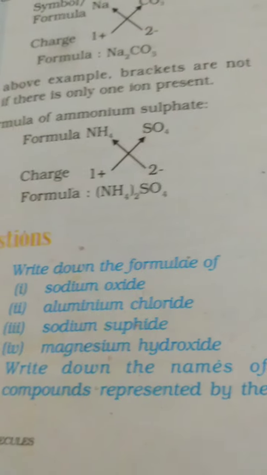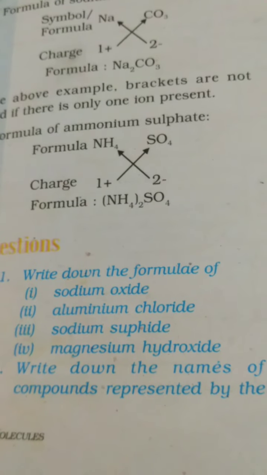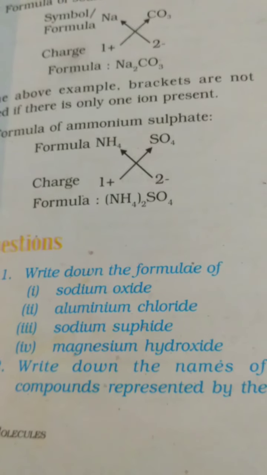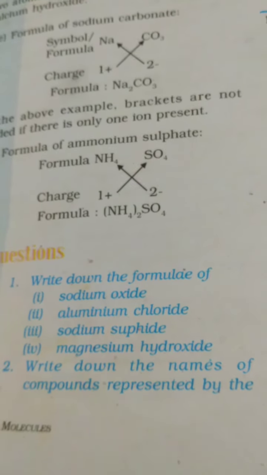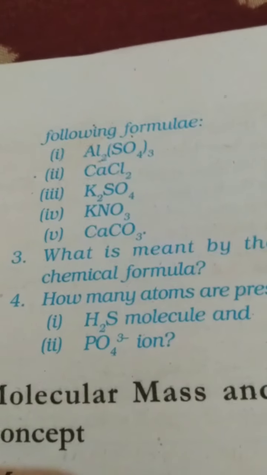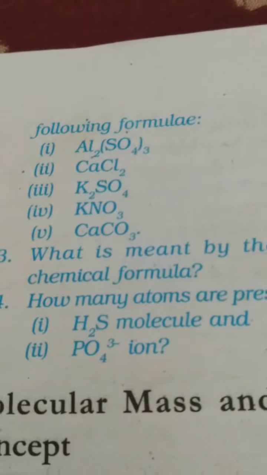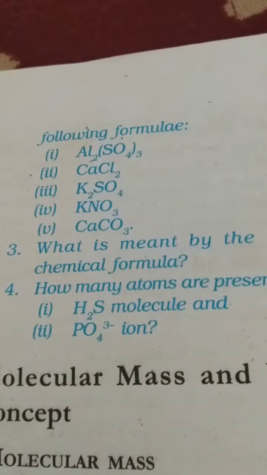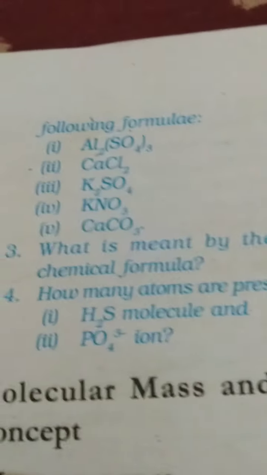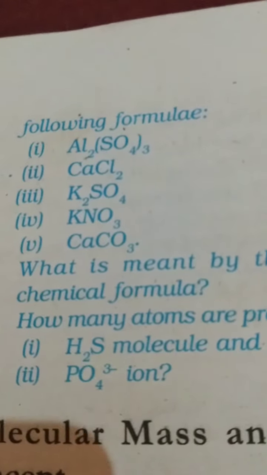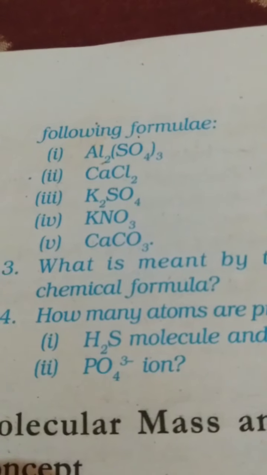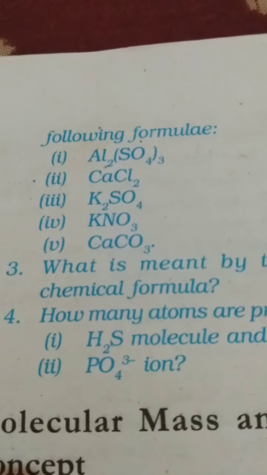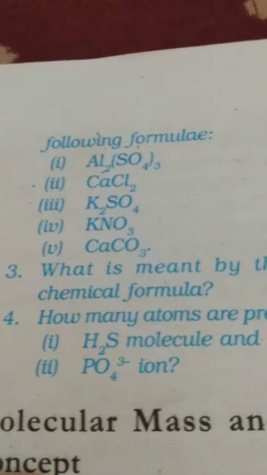Magnesium hydroxide, hydroxide ion has just 1 valency and the magnesium is divalent, so Mg(OH)2, very common compound. And another pattern of question you can see here, that you have to tell the names of these compounds and the formula is given. I have told you initially in the start of the lecture that the chemical name is different and the formula is different.